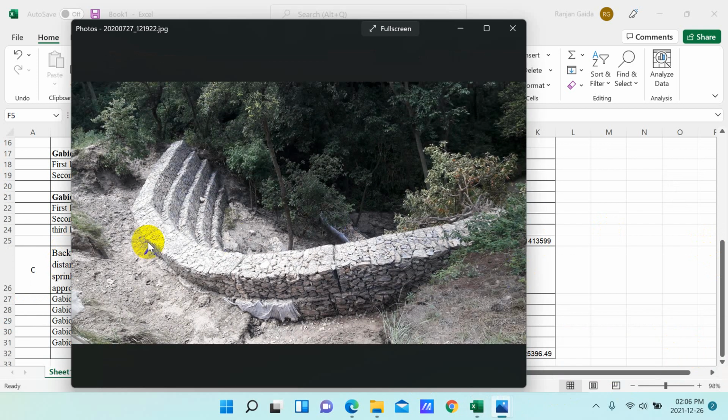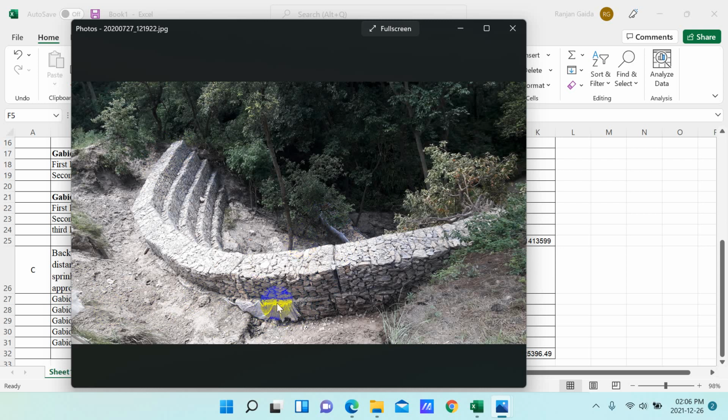here, after constructing this gabion wall and placing it inside, one of the main things that needs to be taken into consideration is the use of geotextile materials. Just don't forget to use the geotextile material, because it protects the eroded quantity from moving from this side to this side.